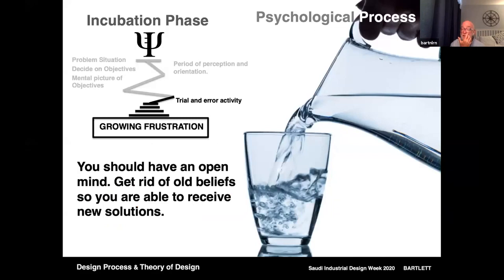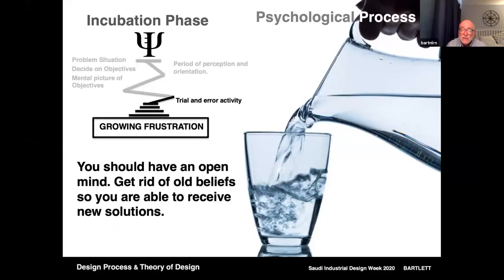What you have to do, during this period of growing frustration, is get rid of some of your old beliefs of what the solution might be. You should have an open mind. You've got to get rid of the old beliefs so you're able to receive new solutions. Now this typically happens when you're working on a redesign of a product.